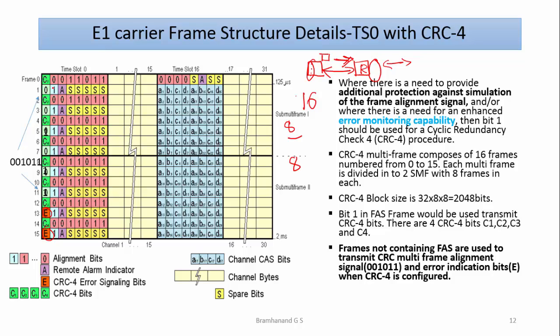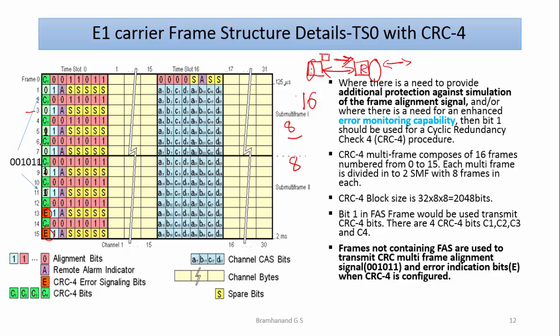Frame alignment signal frames are used for cyclic redundancy checks, and mind that these alternate frames are used for the multi-frame alignment signal. So when CRC4 is implemented, this will have 0 0 1 0 1 1.